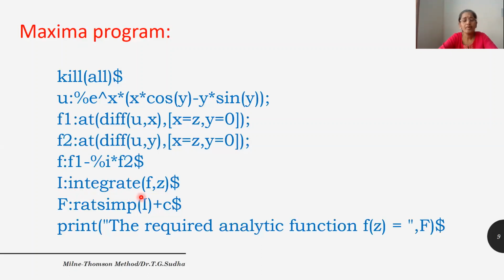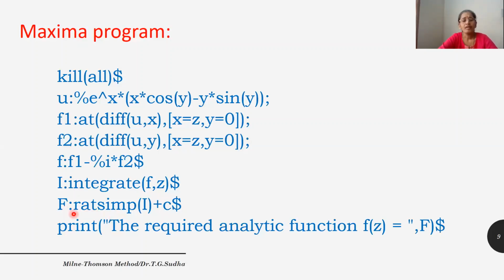So we need to simplify that integral. So here we are using RADSIM. RADSIM is used because maxima doesn't simplify all the expressions. So when the default simplification is not enough, we use some built-in commands like RADSIM, RADCAN, factor, etc. Here we are using RADSIM.